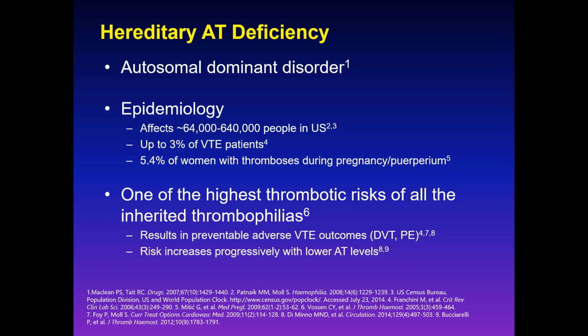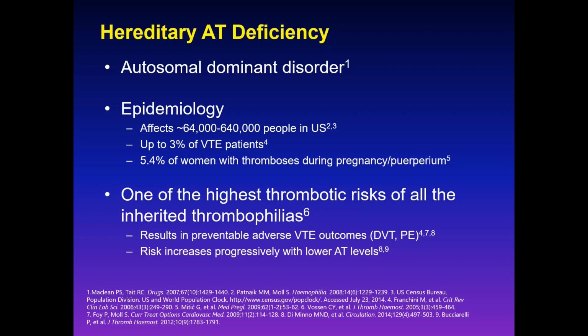Obviously, there's a wide range listed in this bullet point of 64,000 to 640,000 people in the US. I think part of that range is due to the type of populations studied in the surveys that come up with these numbers. So I tend to think that if we look at selected populations, it tends to be a little more common. If we look at unselected populations, it tends to be less common. But 64,000 people in the country is not trivial.